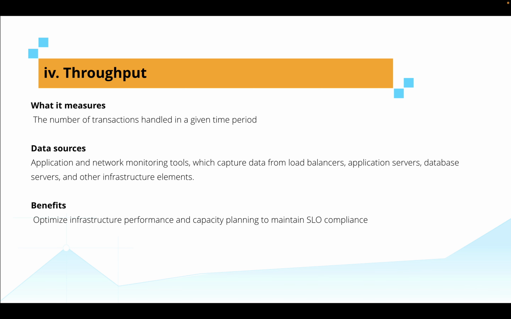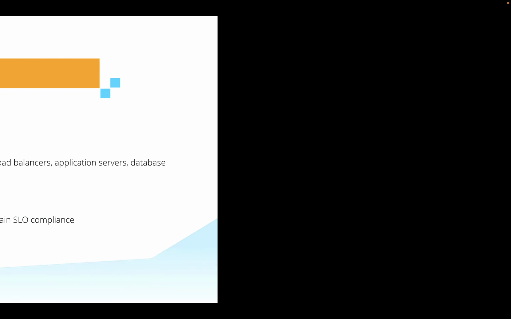Data sources for measuring throughput metrics, as shown in this slide, include application and network monitoring tools, which capture the data from load balancers, application servers, DB servers, and other infrastructure elements. Throughput is derived by counting the successful operations and measuring the time taken to complete them using log aggregation and performance counter data from these sources. So moving on to the report that tracks throughput.